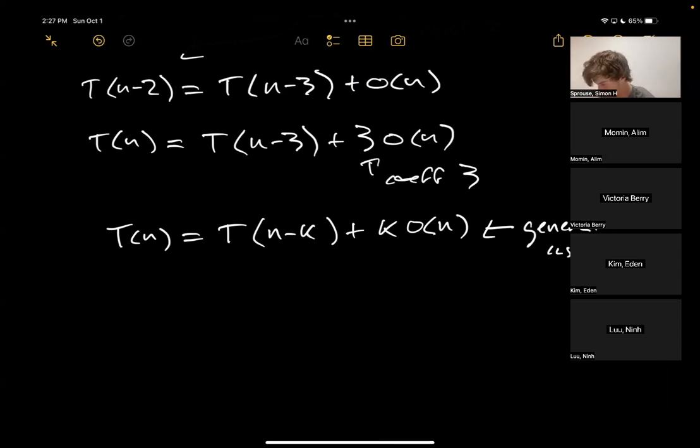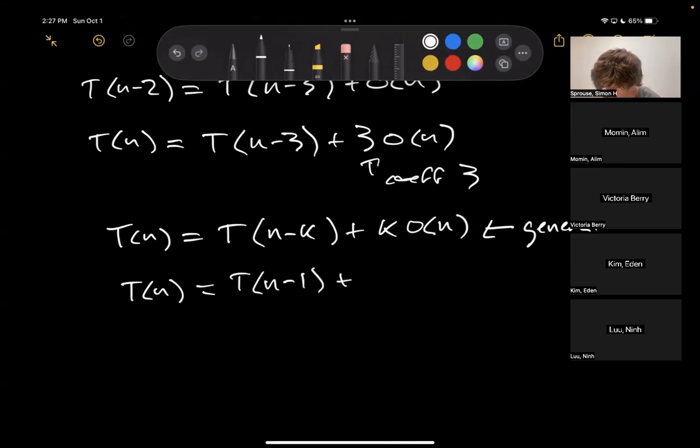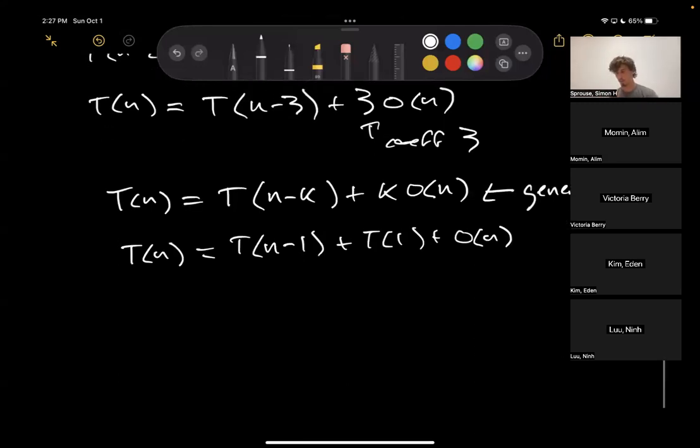Actually, case is confusing because we've got a best and worst case. So I'm just going to call that general. And then I'm going to rewrite our original formula. So our initial guess was that the formula should look something like this. So these are the same. All we did was algebraic manipulation. So these two are equivalent. But for our purpose, we're going to be working with this one.